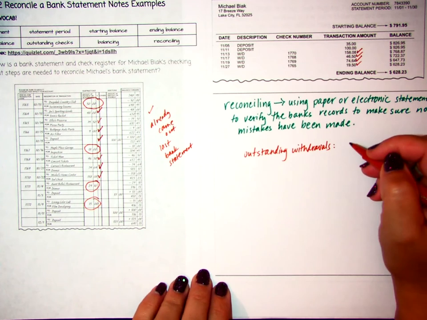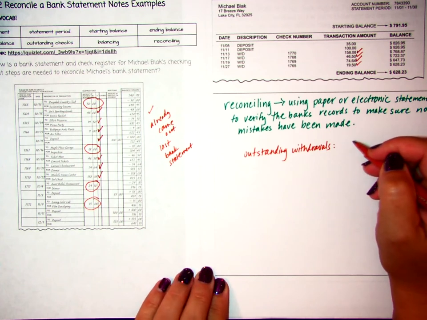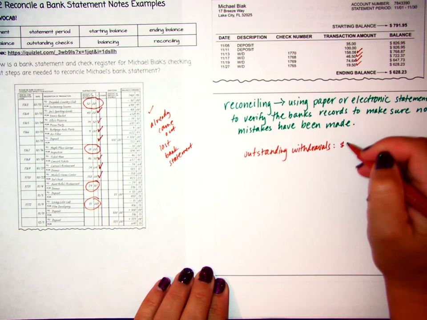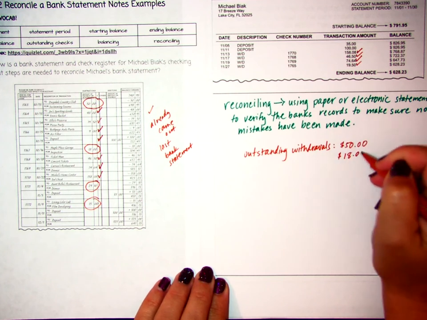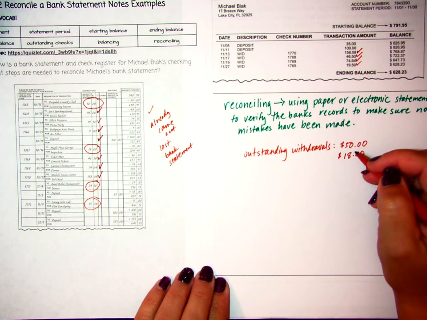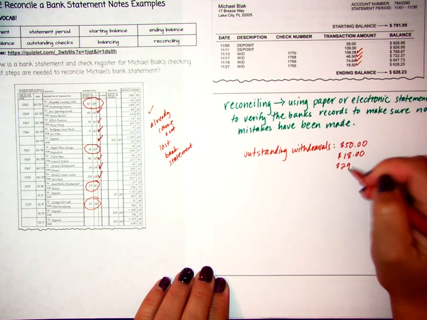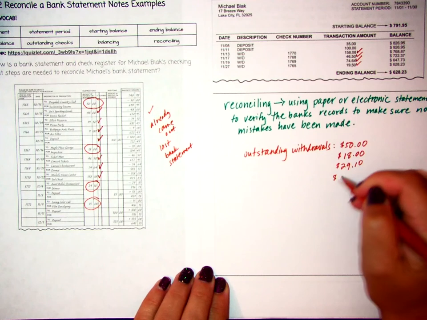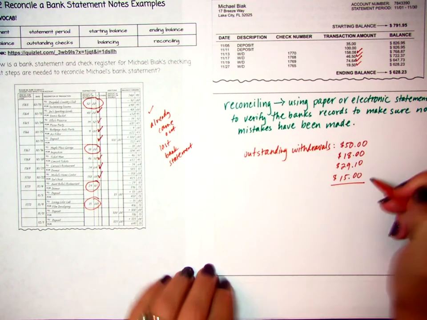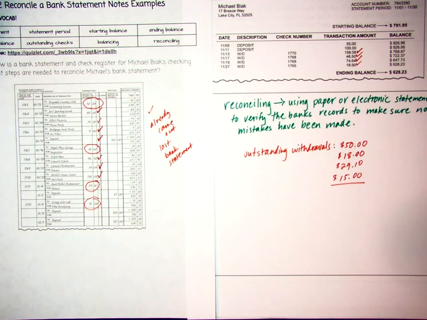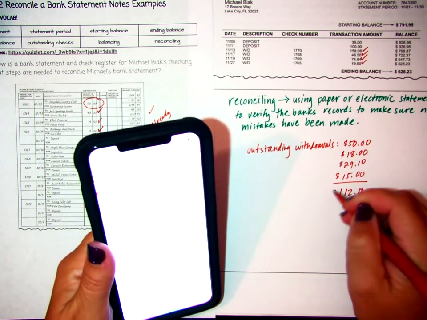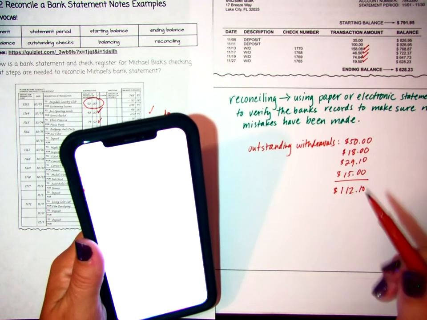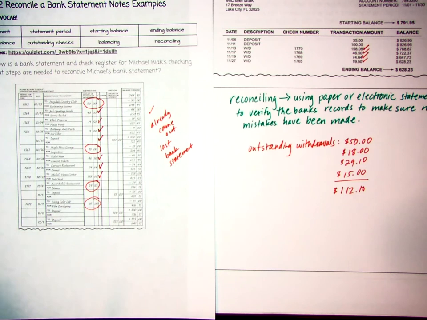So the outstanding withdrawals that I'm noticing here are those circled amounts of $50, $18, $29.10, and $15. And so we can total up that amount here and see what those total outstanding withdrawals are.